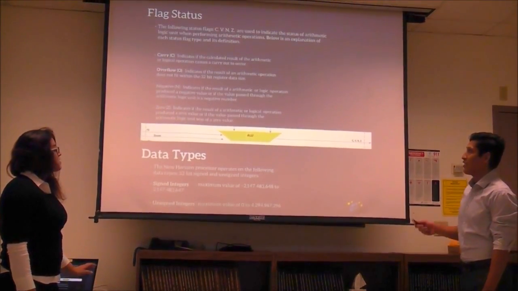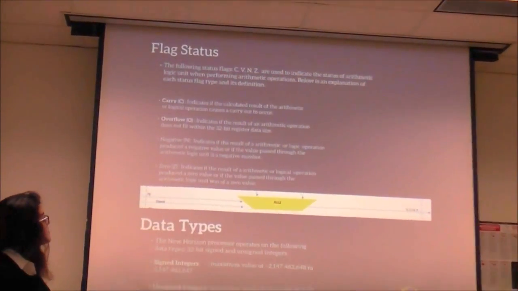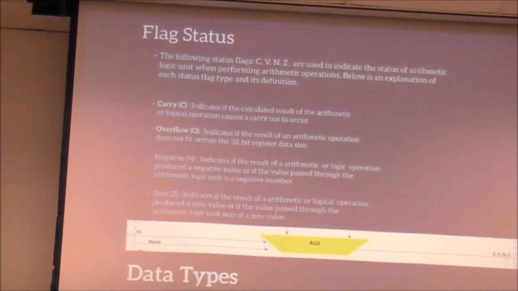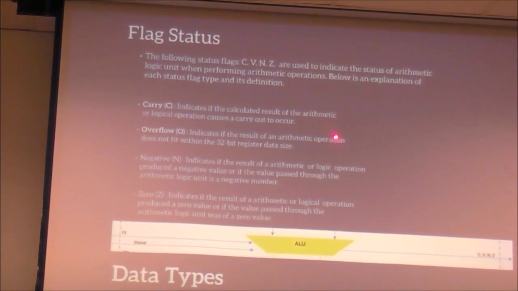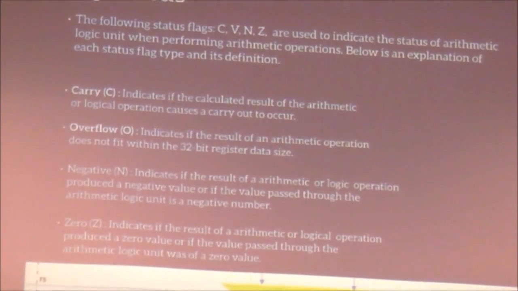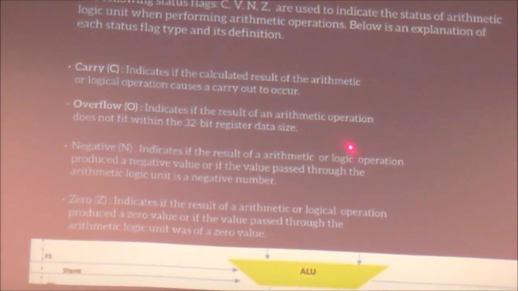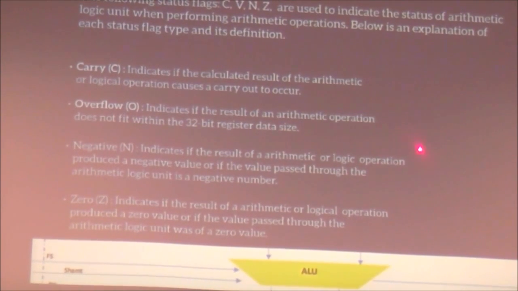Our flag status. The following status flags are C, V, N, and Z. C is for carry, which indicates if the calculated result of the arithmetic or logical operation causes a carry out to occur. Overflow indicates if the result of an arithmetic operation does not fit within the 32-bit register data size.